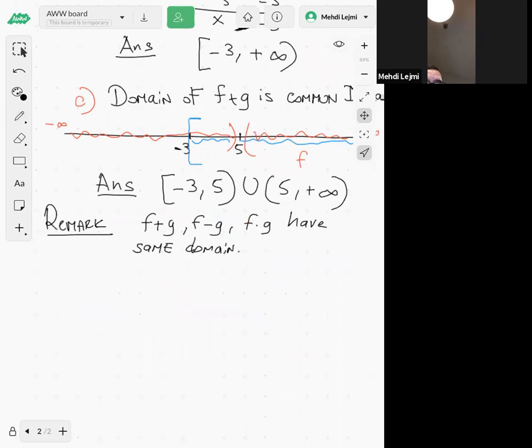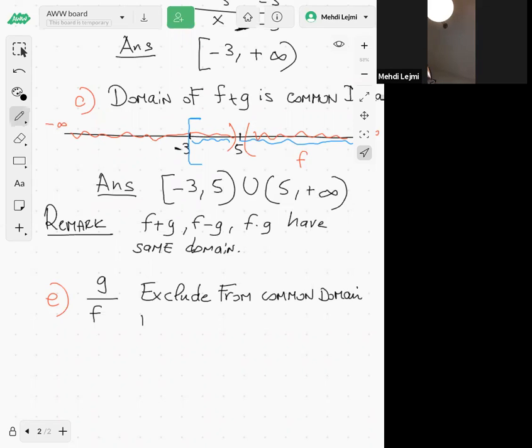So then there's f over g or g over f. If you want to do, let's say, g over f, I mean, it's up to you guys, then you have to exclude from the common domain the values of x where f is 0.